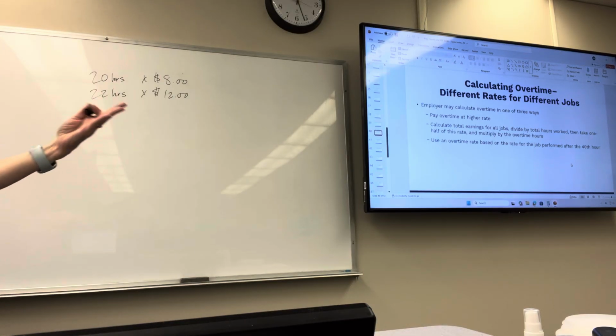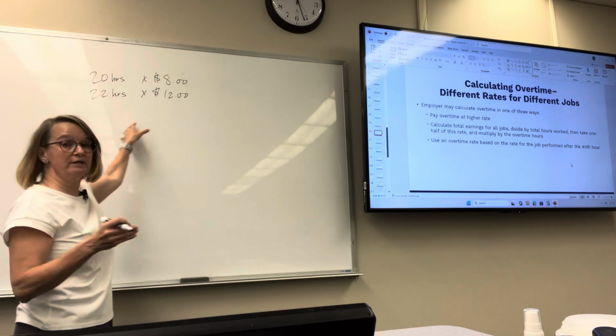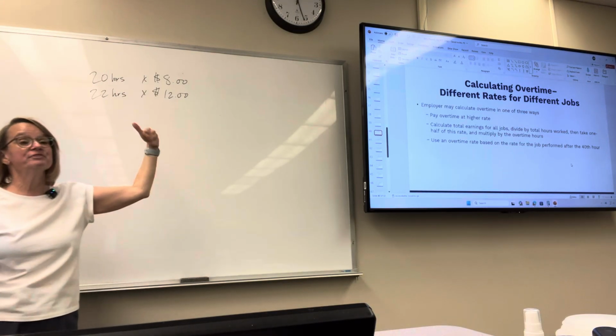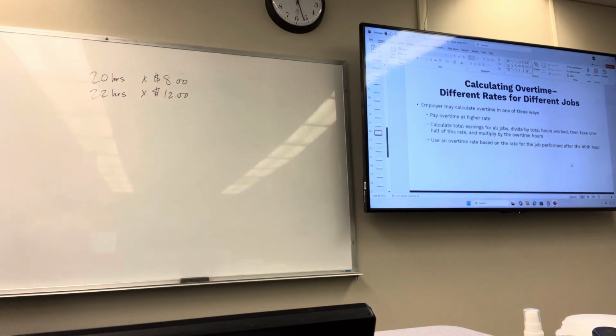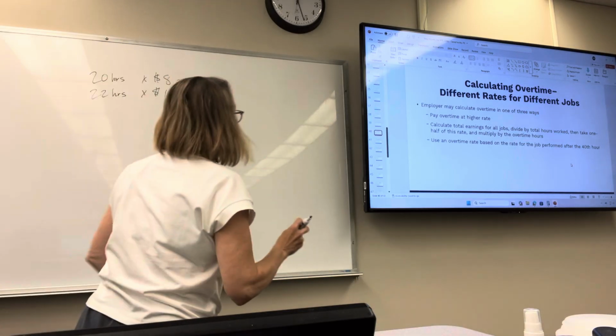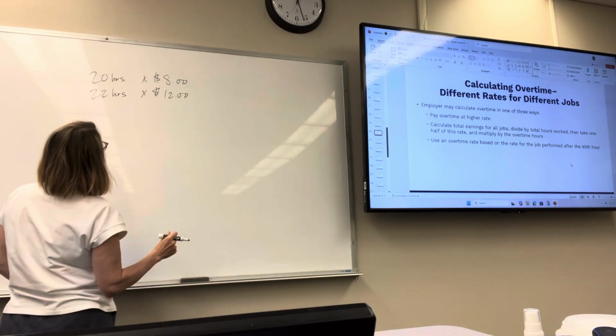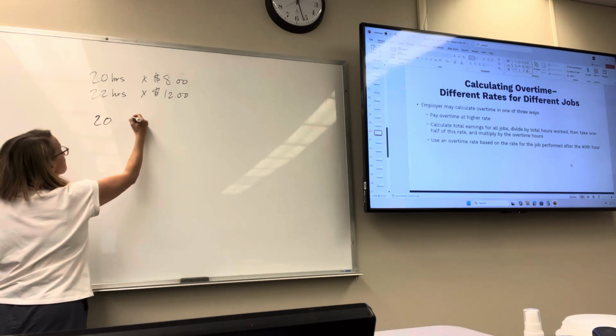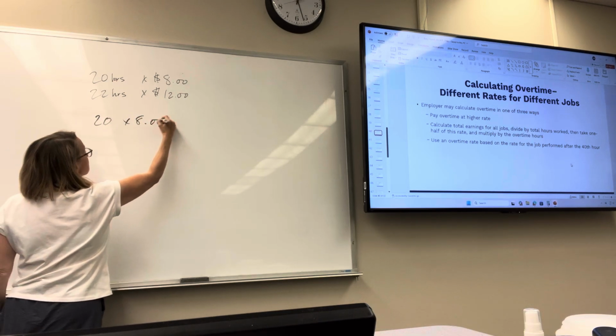It could be that one of them was worked at the $8 an hour job and one at the $12 an hour job. We don't have enough information here to tell. But the first method you don't need to know. So the first one, you just pay it at the higher rate. So in this case, we'd take 20 hours times $8 an hour.